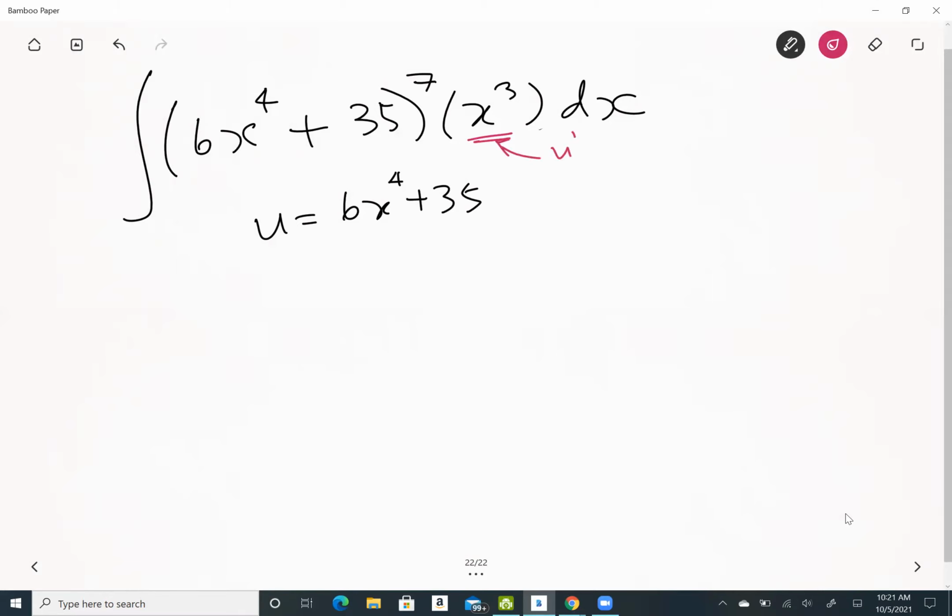That means you have to get the things in the bracket as u, which is 6x to the power of 4 plus 35, and then u prime is 24x to the power of 3. Okay, so now you have here u to the power of 7. But is this u prime? The one that is given in the function, x cubed, is it u prime?